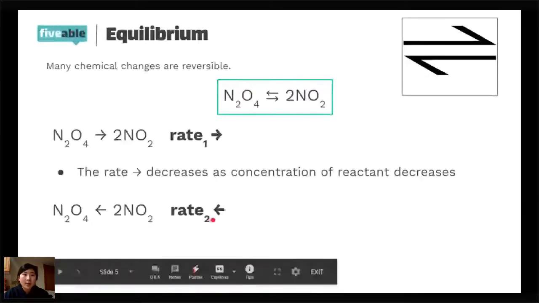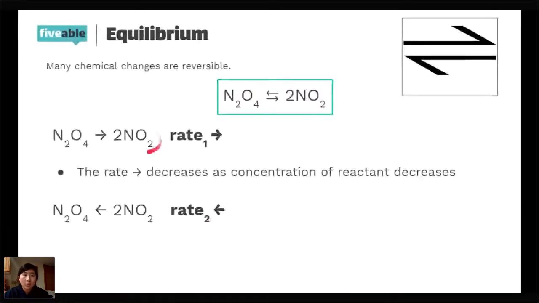What happens is, as you create more 2NO2, the rate towards the right decreases as the concentration of reactant decreases, because the reactant that is pushing reaction number 1 forward is dependent on how much of the reactants we initially have.